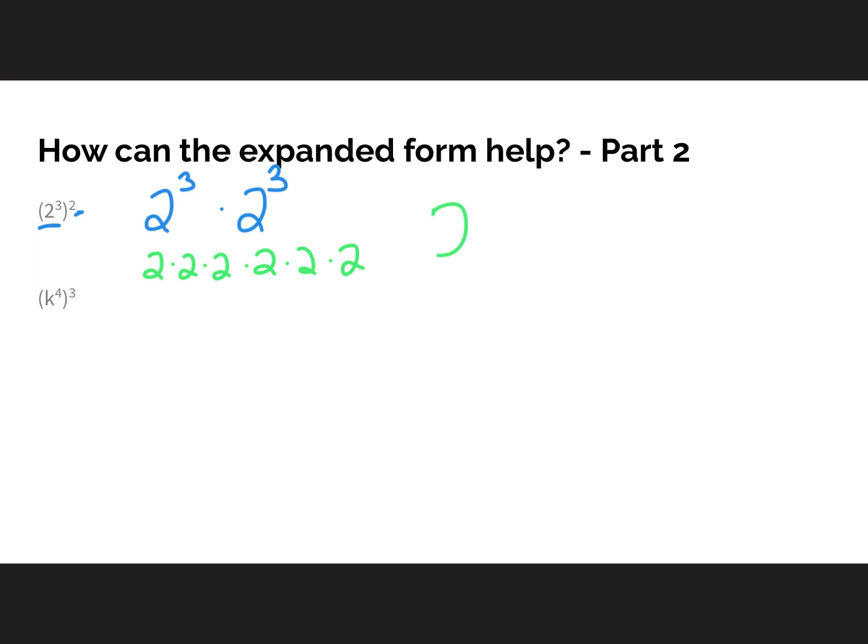Either way I can see that gives me 2 to the 6th power. Here I have k to the 4th power raised to the 3rd power. That's k to the 4th times k to the 4th times k to the 4th. Well, I know my rule said I just add those. So k to the 4 plus 4 plus 4 is k to the 12th power.